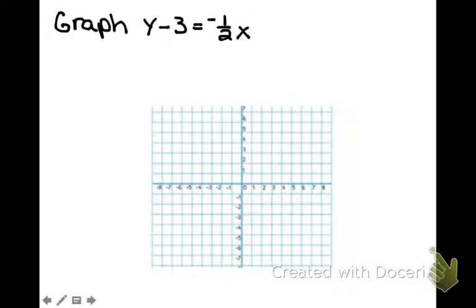So remember to solve for y, that means you're isolating it, thus putting your equation in slope-intercept form. So the first thing we're going to have to do is add 3 to both sides.